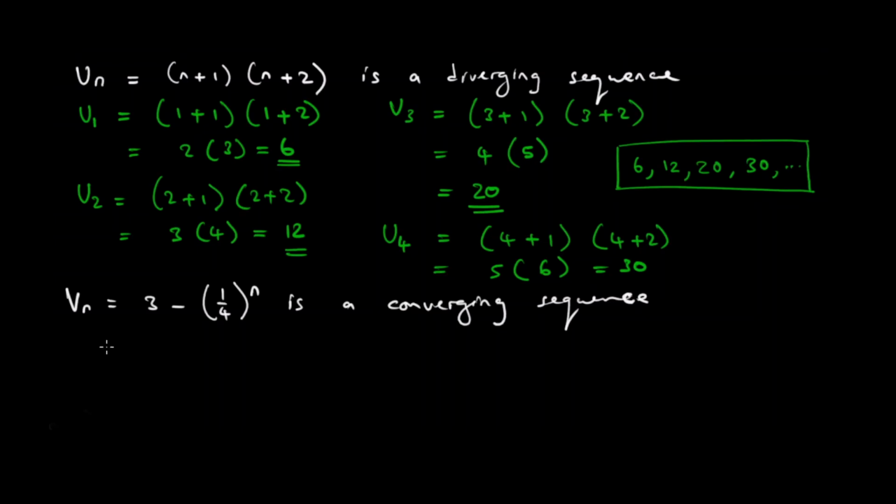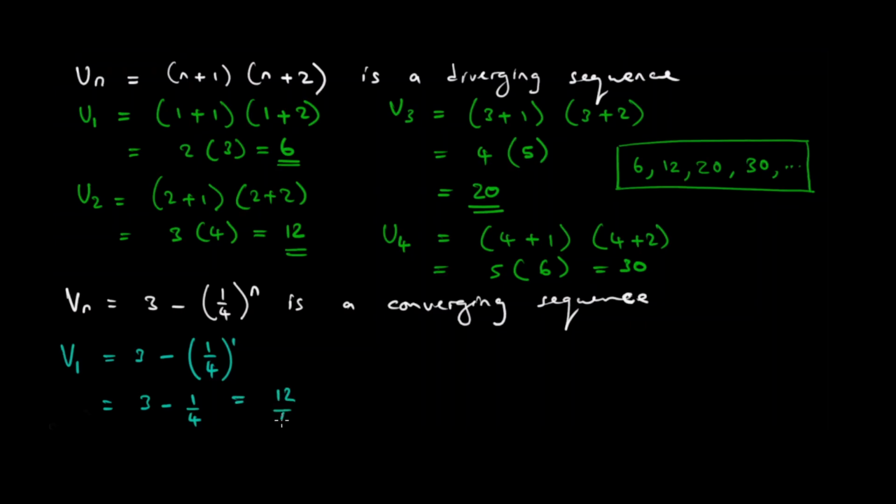Saka convergence iri kubuda papi? Convergence irapa V1 inge equal to 3 minus a quarter to the power 1, and which is 3 subtracting a quarter, yatinogona kunyora is what, 4 8 12.